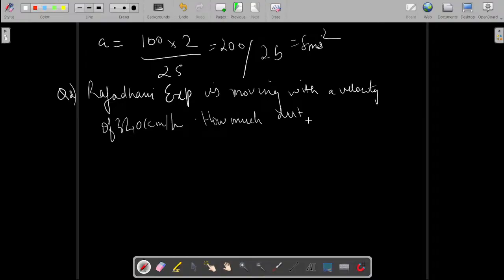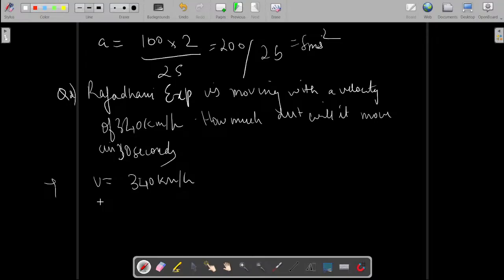V is equal to 340 kilometer per hour, T is equal to 30 seconds. V is equal to displacement by time. So 340 into 5 by 18, we have to convert them to meter per second.